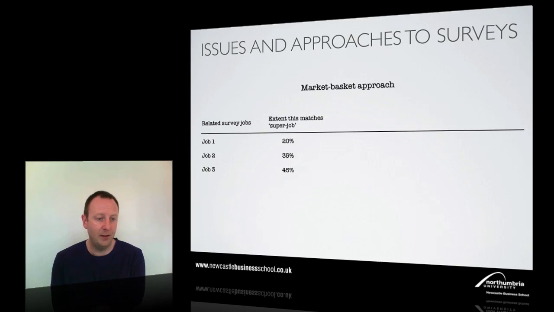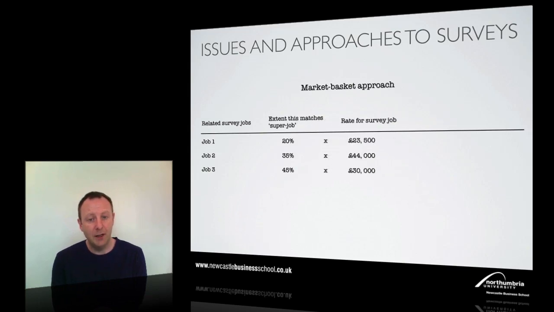So, for example here, job 3 is the biggest portion of this job in our organisation, followed by job 2 and job 1. That there are characteristics of these survey jobs that are present to these different extents within this job within your organisation. And then you price those jobs.